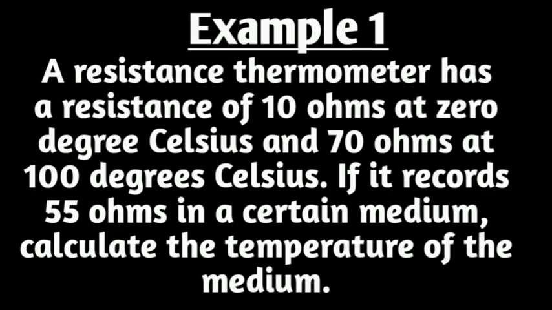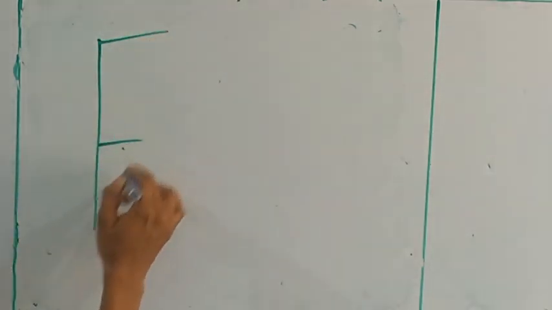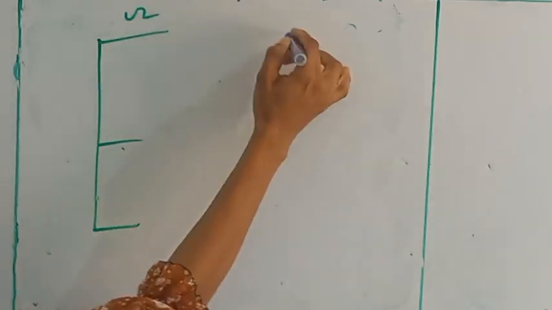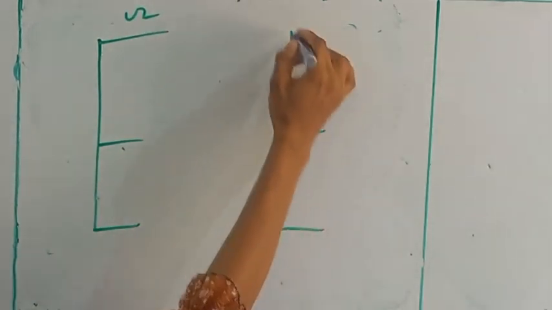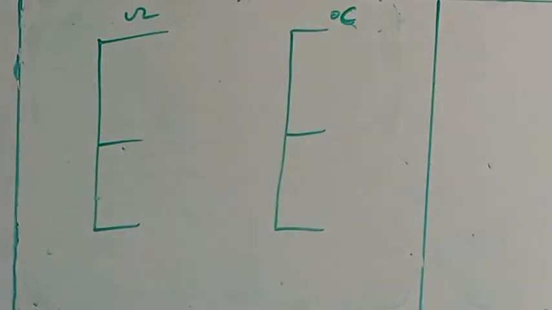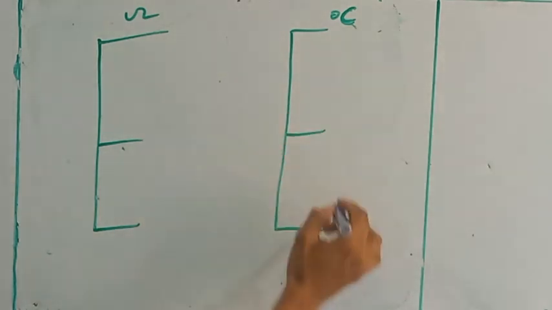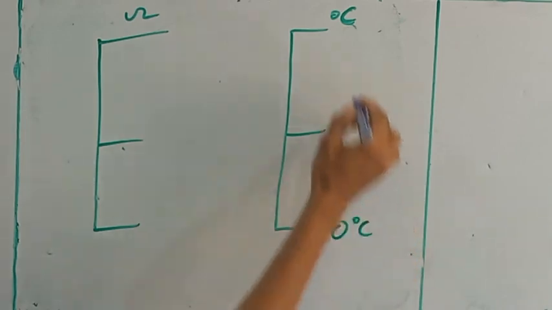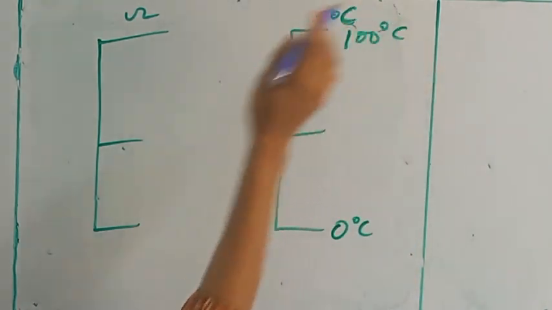Remember how we do it? We are comparing a resistance thermometer in ohms with Celsius. In this case, since it's degrees Celsius, we'll have 0 degrees and 100 degrees Celsius.